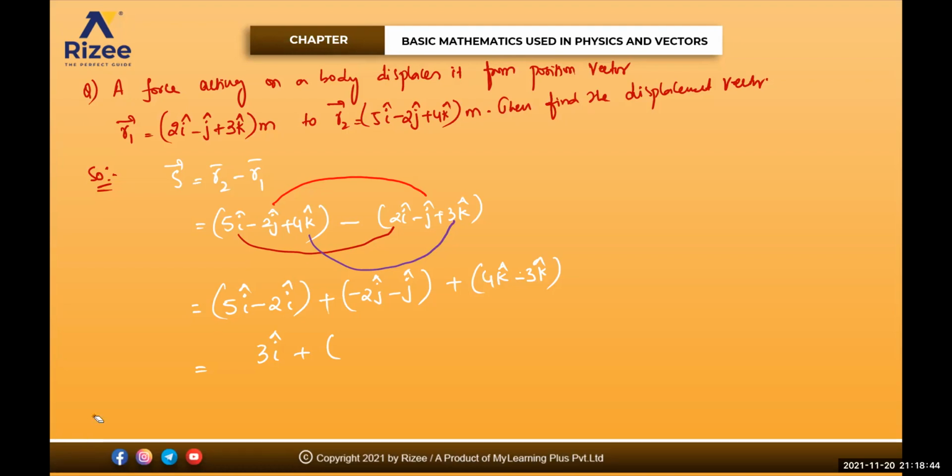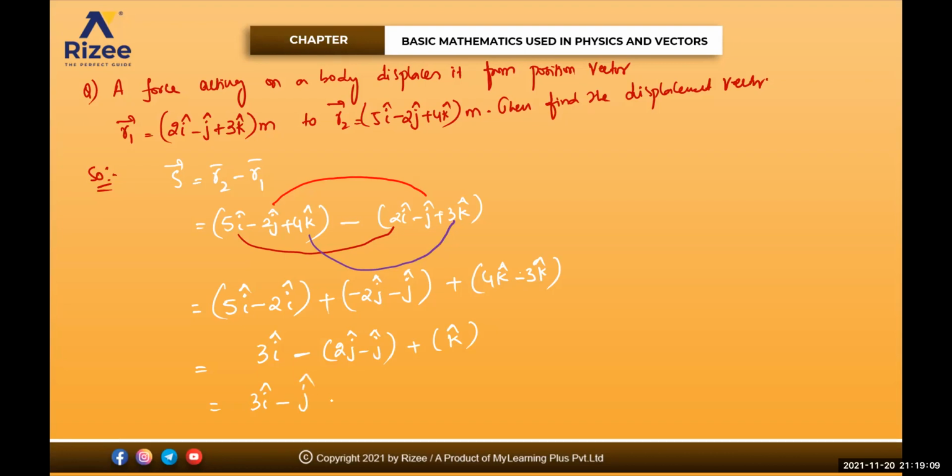I'll write like this, otherwise you will get confused. Plus minus, this will become minus 2 j cap minus j cap, plus 4 k cap minus 3 k cap. This will become k cap. So how much will the answer become? 3 i cap, minus 2 j cap minus j cap is how much?